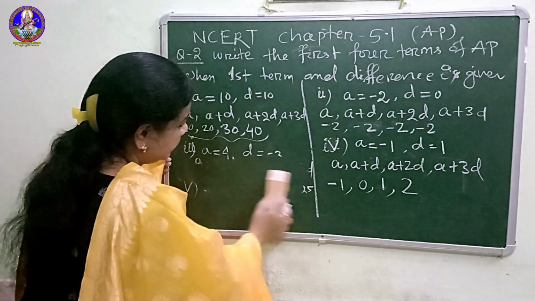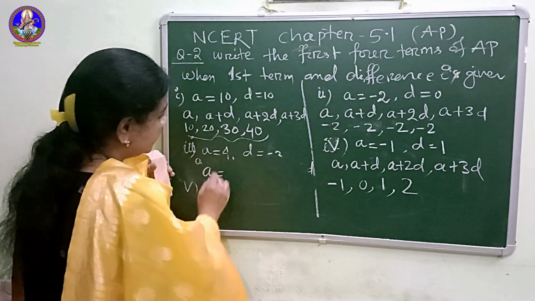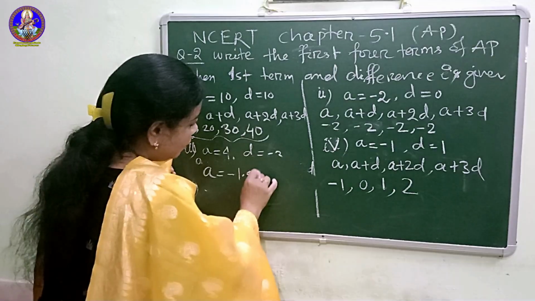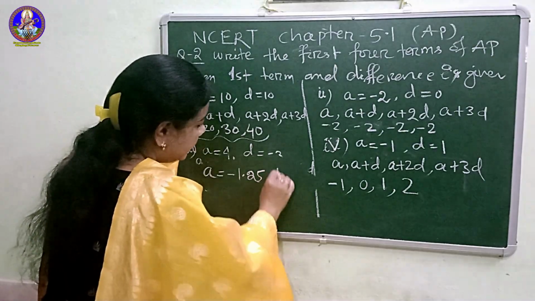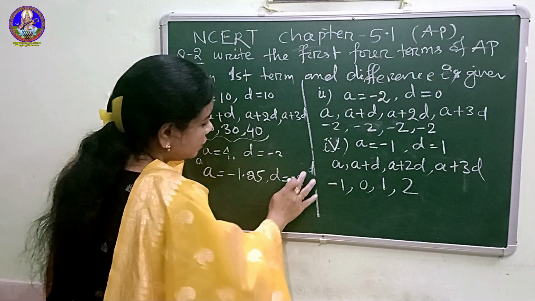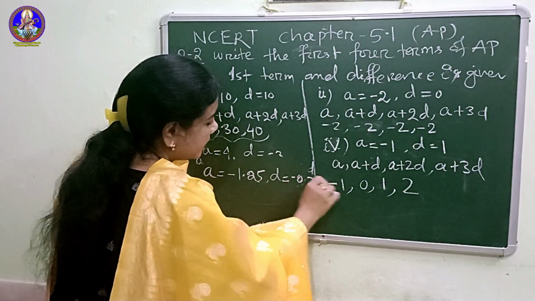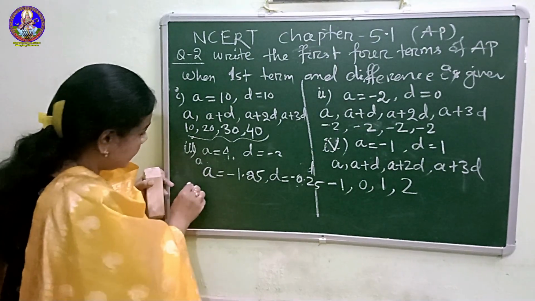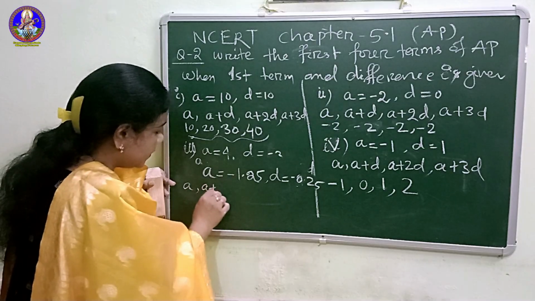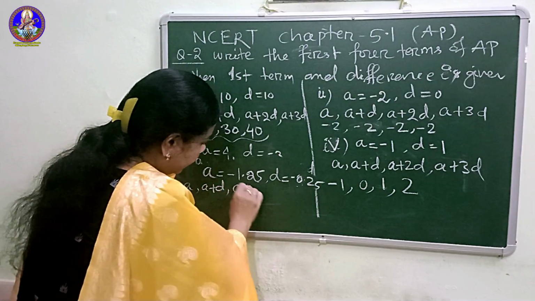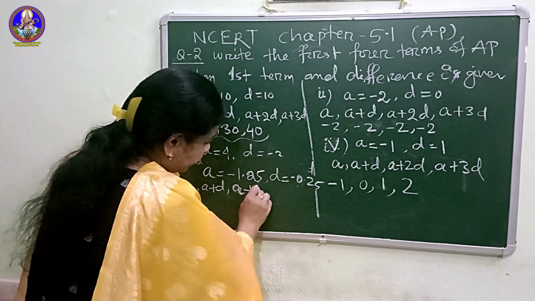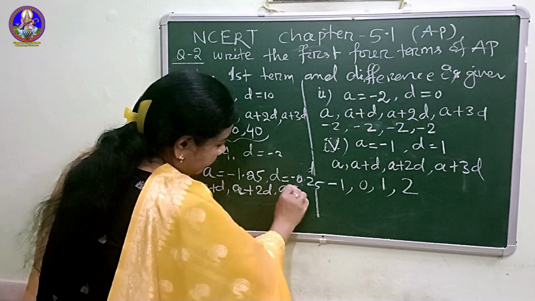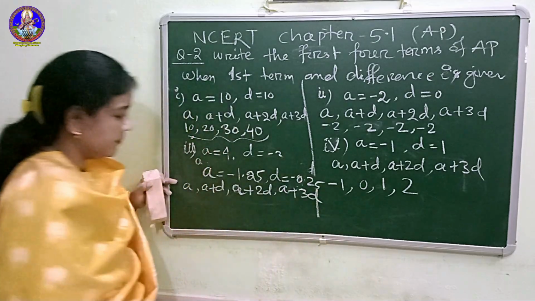That is a is equal to minus 1.25 and d is equal to minus 0.25. Similarly, you can solve it by following the same rule. That is a, a plus d, a plus 2d and a plus 3d.